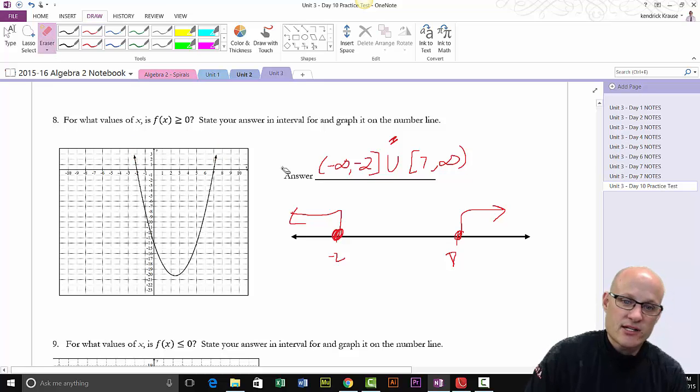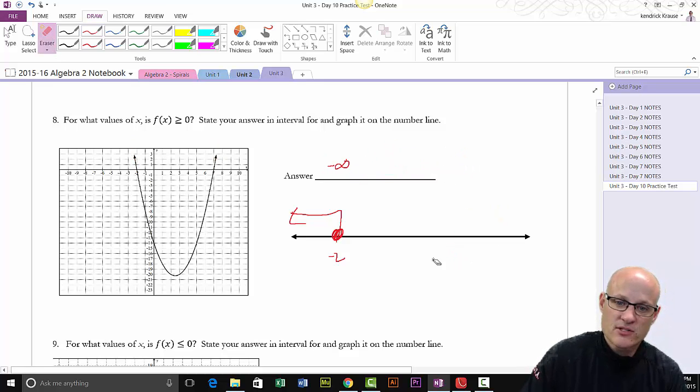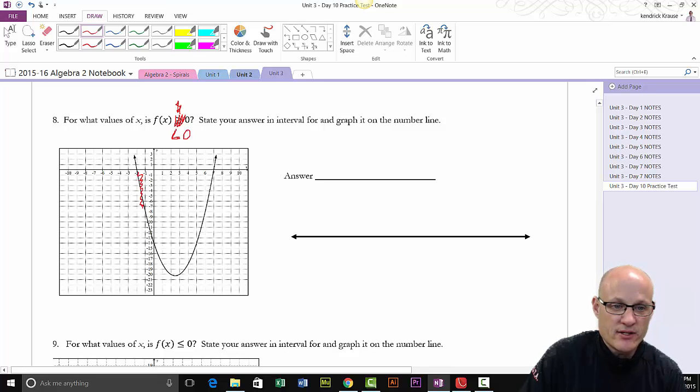That's the answer. Now, let's say I change up the problem because I should have written the problem differently. Let's say I asked for when it's less than 0. Well, less than 0, again, is negative, and that's all of this spot. So in between here and here, it's negative.